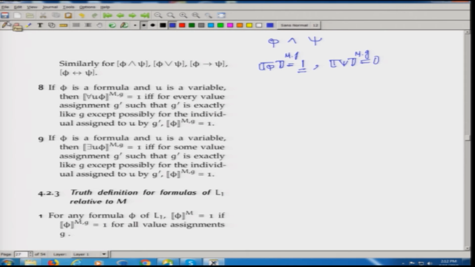Now, if phi is a formula and u a variable, then the denotation of some u phi with respect to m and g is 1. We are reading this rule: if and only if for some value assignment g prime such that g prime is exactly like g except possibly for the individual assigned to u by g prime, the denotation of phi with respect to m and g prime is 1. Now, we need to understand these two things. Then we get back to section 2, 3, 4.